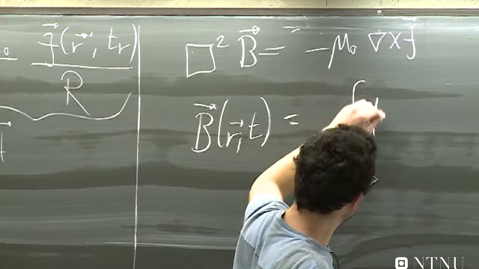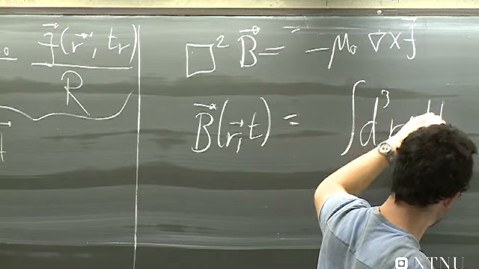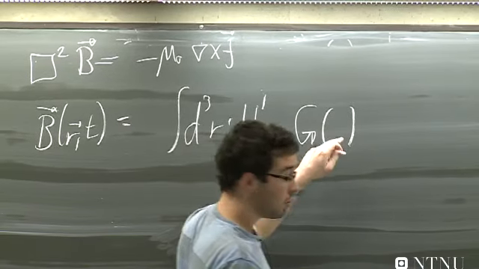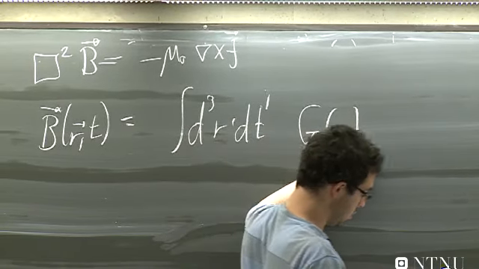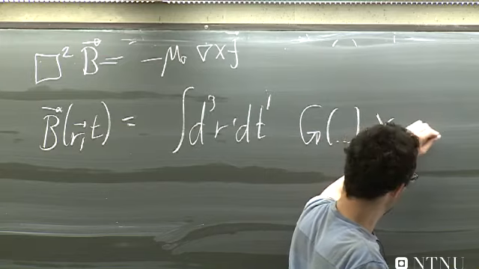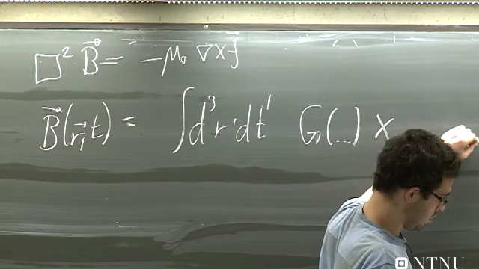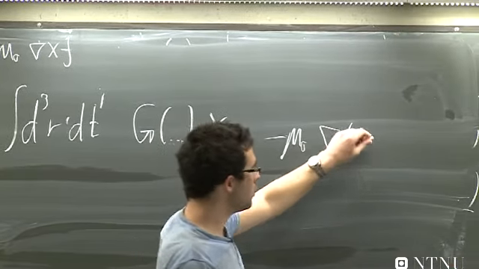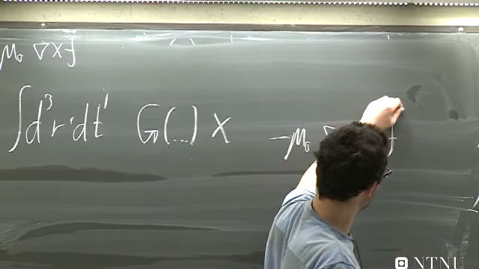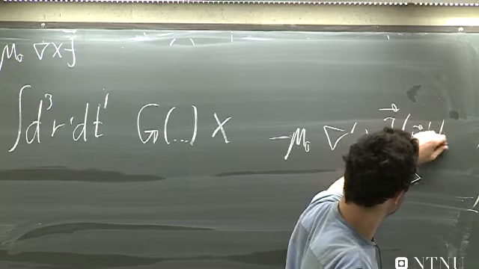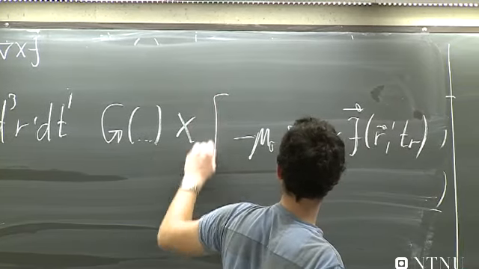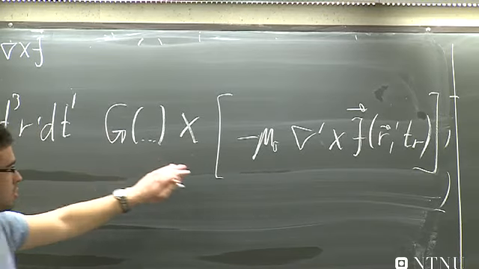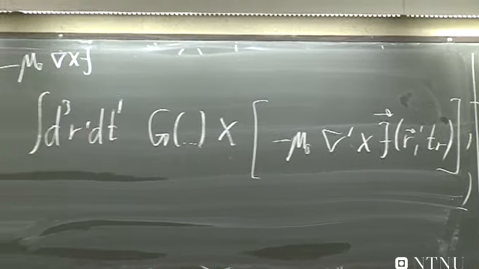The integral over space and time, and the Green's function. I skip the time and space dependencies, cross minus mu naught the curl of J with respect to the prime coordinate system, like this, the Green's function and the source term as always.